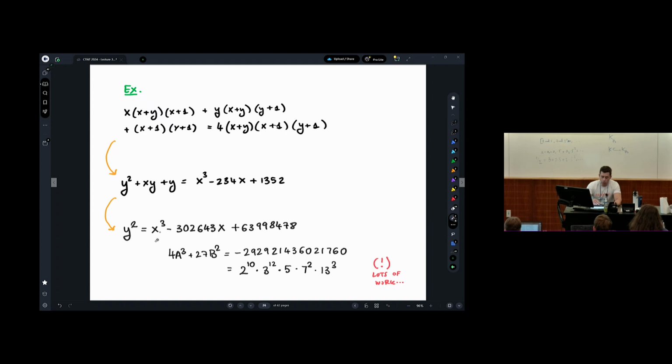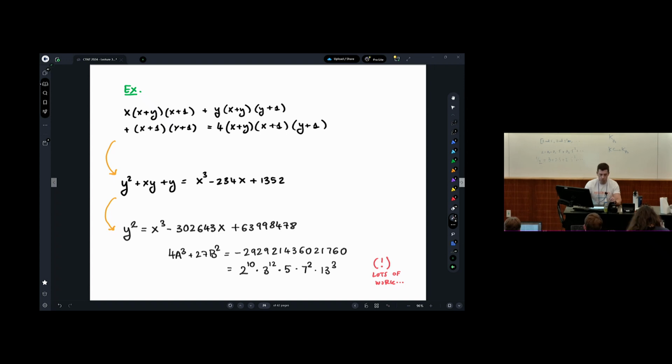If I want to see what kind of torsion there might be, 4a cubed plus 27b squared is this huge number, and you can see there are a lot of squares in there. So using Nagell-Lutz is going to be a pain because there's going to be a lot to check if you're doing it by hand. If you put it in a computer, it takes a split second. But by hand, I'm going to have to compute a lot of possibilities for the y coordinate and for the x coordinate.